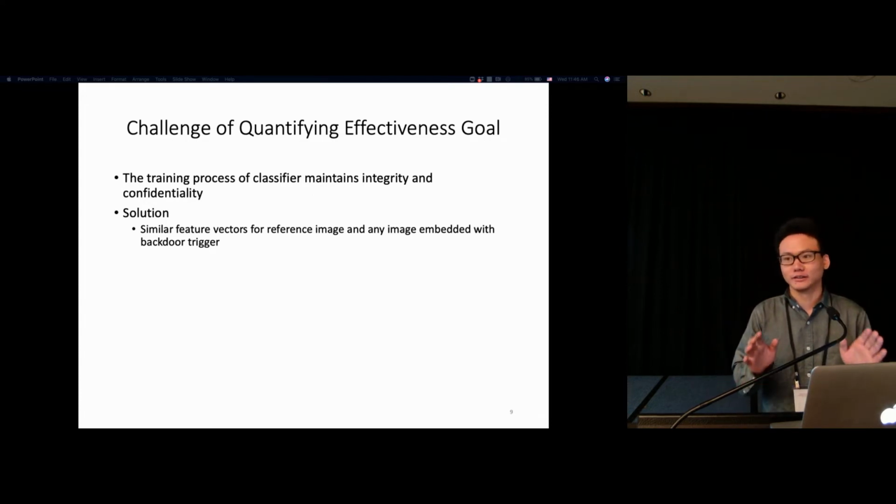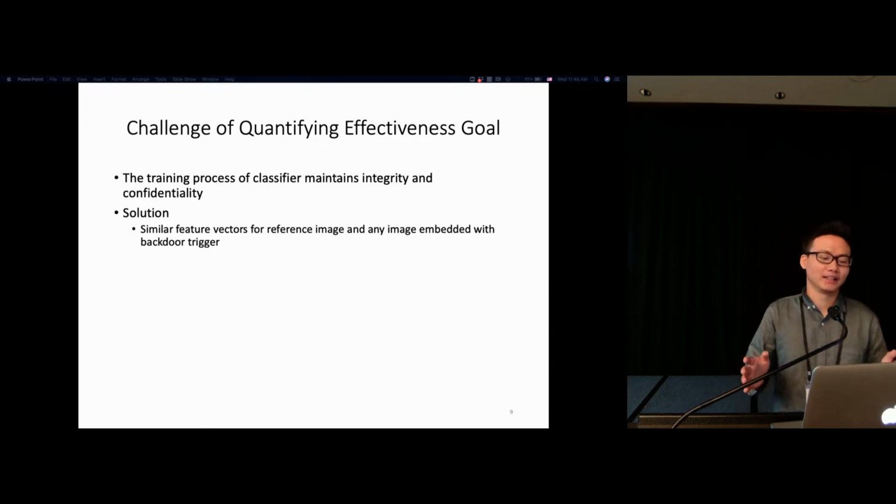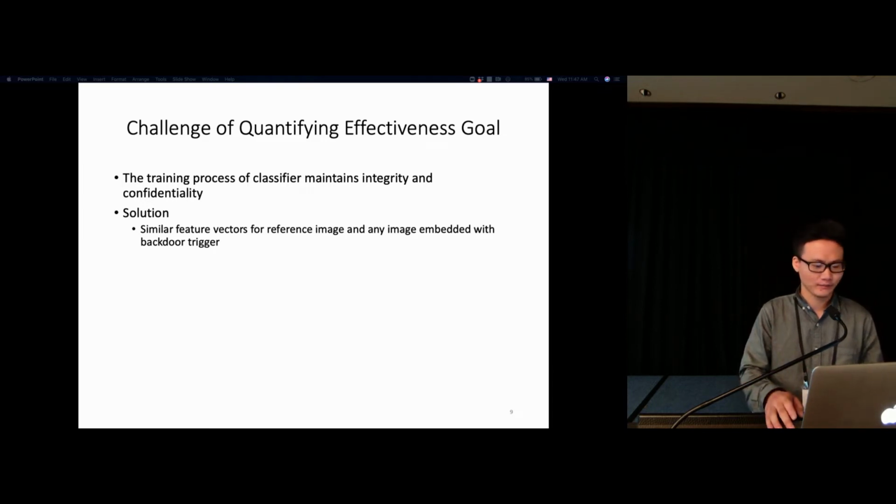Therefore, the classifier built upon the backdoor image encoder is very likely to predict the same label for the reference image and any image embedded with the backdoor trigger. When the reference image is correctly predicted as the target class, then the image embedded with the backdoor trigger is very likely to be predicted as the target class.